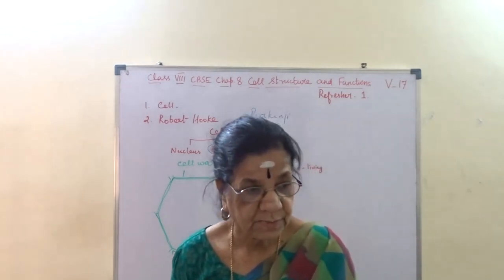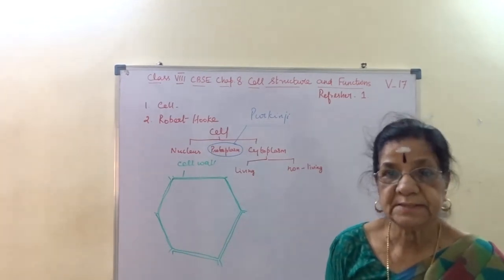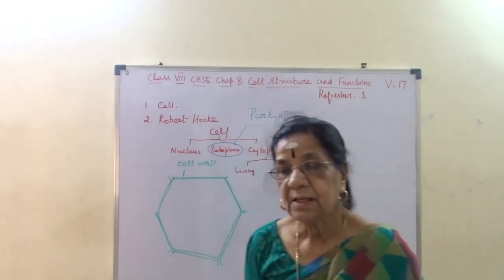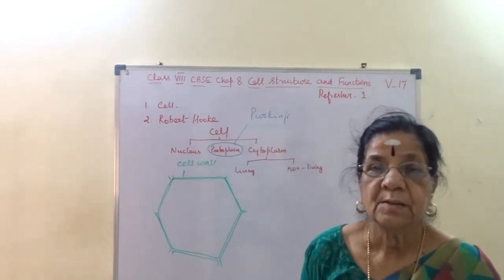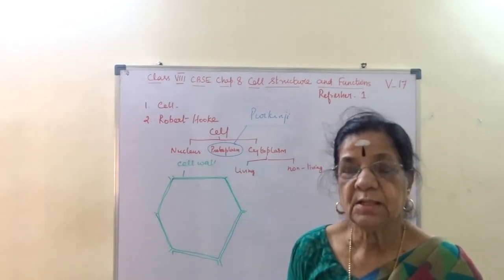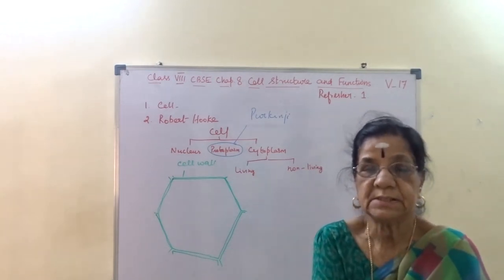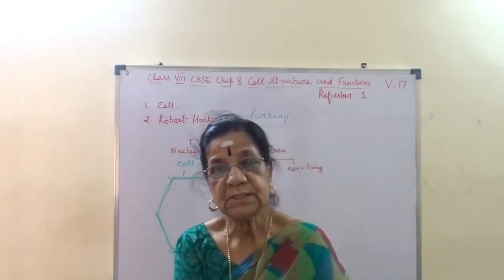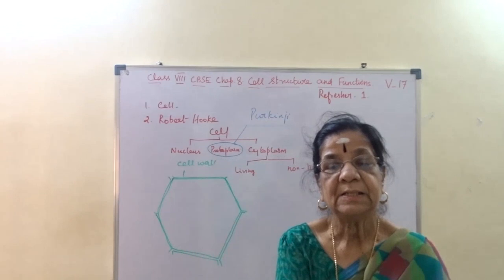At the same time, in plants, the cell wall is an additional covering. That is the main difference between plant cell and animal cell. Plant cells have a definite cell wall, rigid in nature and giving definite shape, whereas in animal cells the cell wall is absent, only the flexible cell membrane.